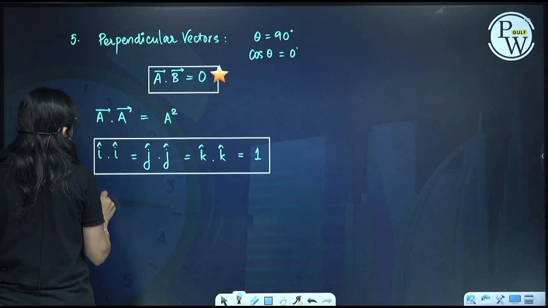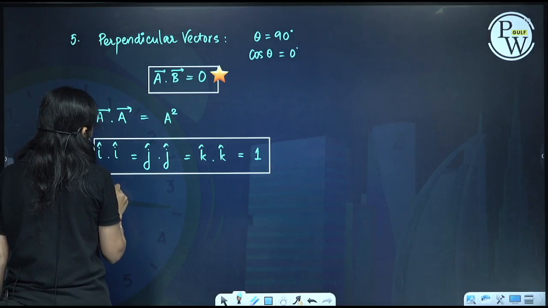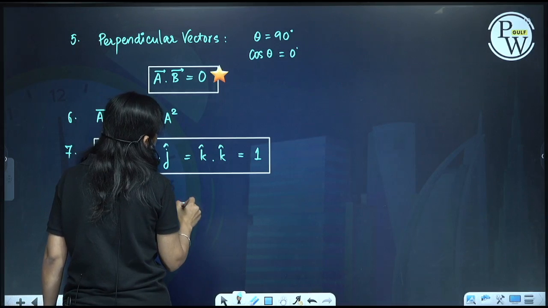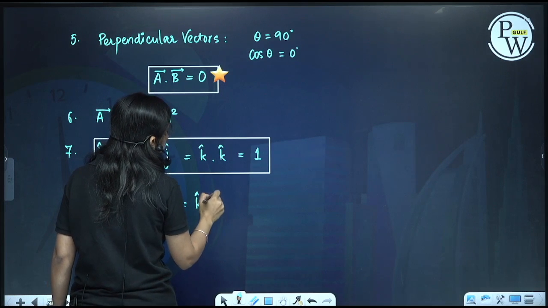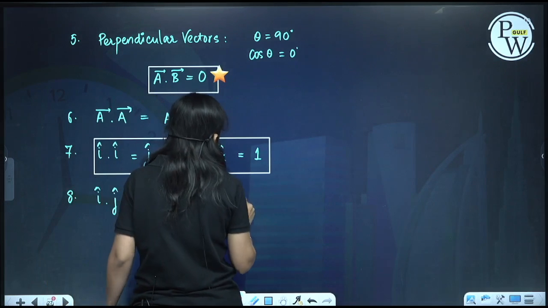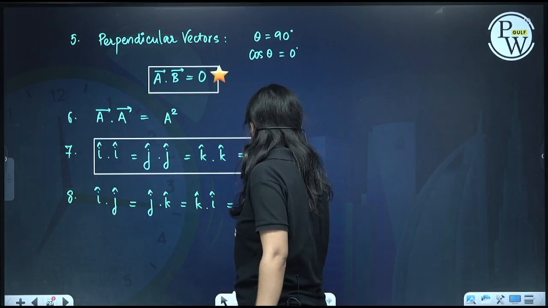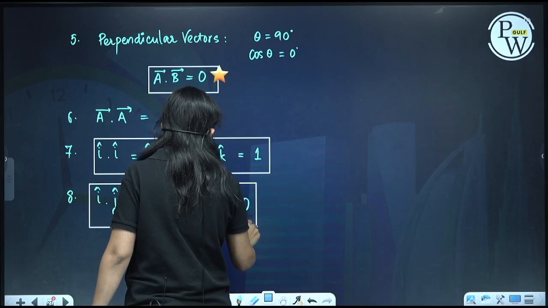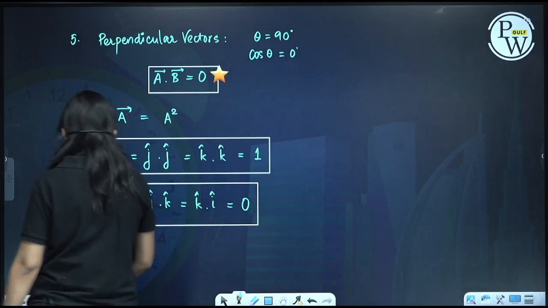If I want to find i dot j, or j dot k, or k dot i, all of them have an angle of 90 degree between them. They are perpendicular, so their dot will become 0.